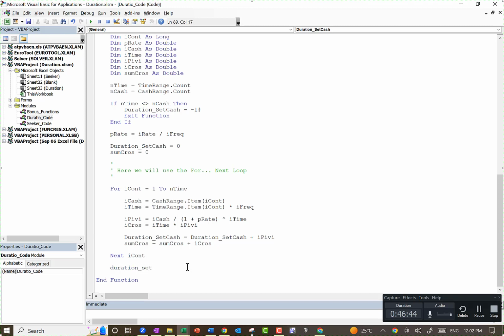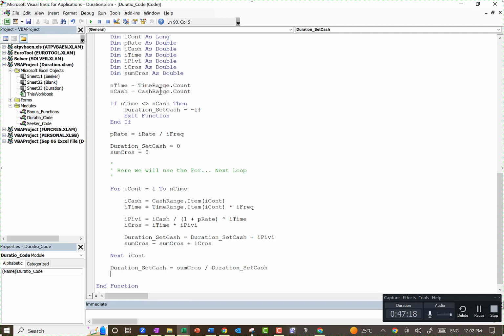So duration set cache equals sum cross divided by duration set cache. But we will also remember that that's a Macaulay duration.